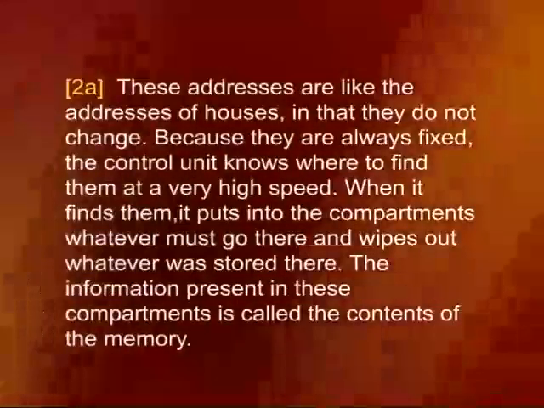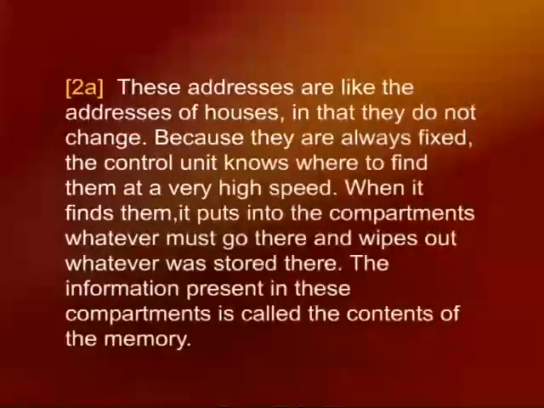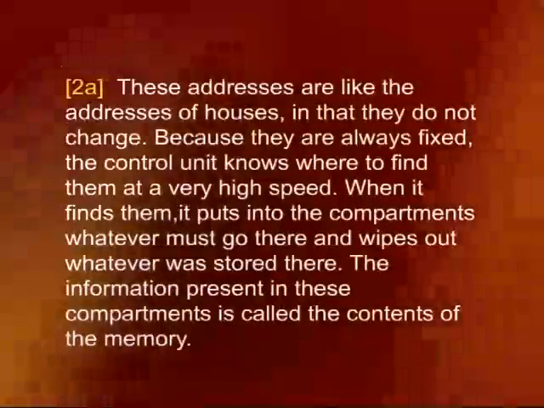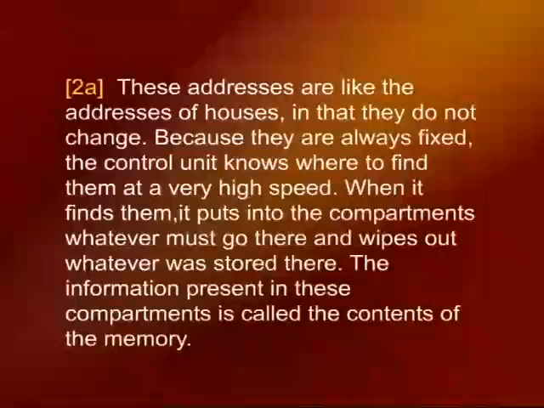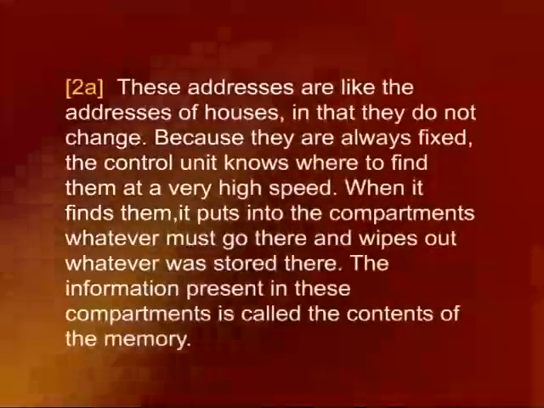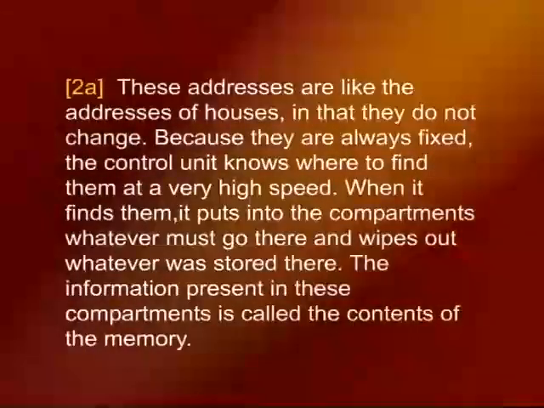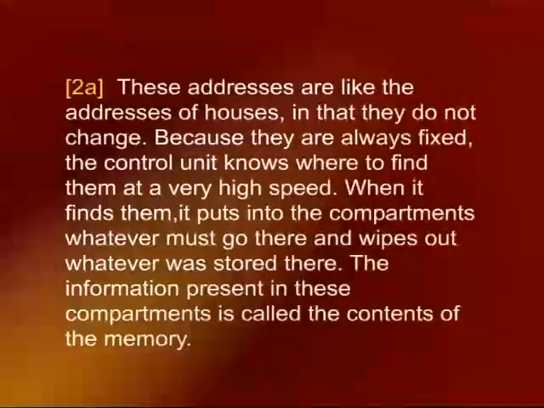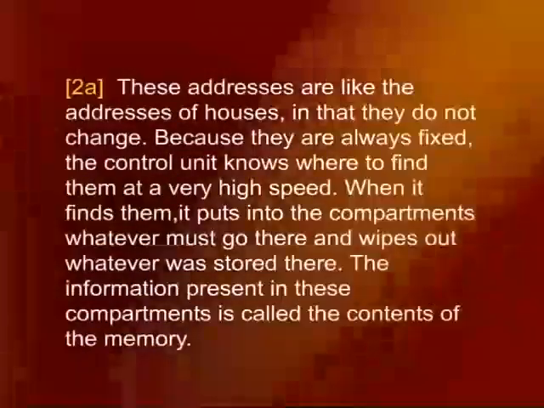Because they are always fixed, the control unit knows where to find them at a very high speed. When it finds them, it puts into the compartments whatever must go there and wipes out whatever was stored there. The information present in these compartments is called the contents of the memory.